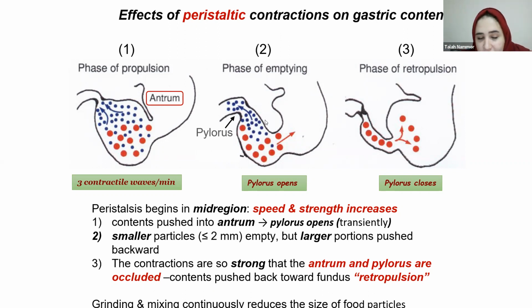You see this area here, it will contract to push those particles backward, and those particles will go all the way back. The pylorus will close and the antrum will close. But why does this happen? This happens to force those large particles back into the stomach so they can get crushed more and more to form the small particles. Is this clear?